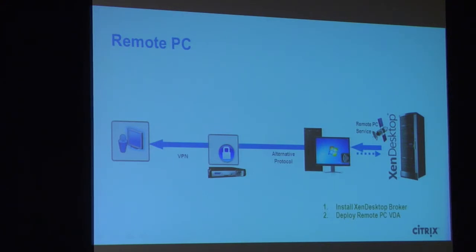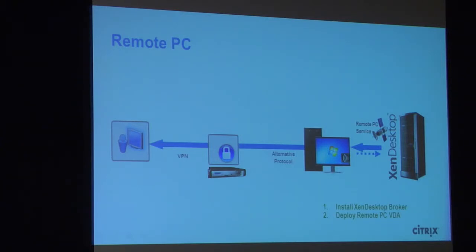Now, this Remote PC VDA is the shipping VDA that is now part of Feature Pack 1. So if you download it to test it out, it's just going to say the updated Virtual Desktop Agent. This has been re-architected so that it allows for a work local, work remote type of scenario.